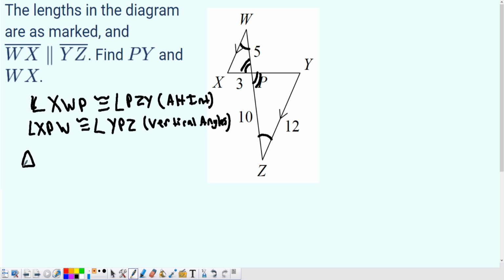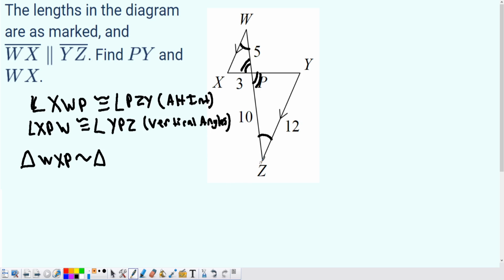So now I know the triangle WXP is similar to the triangle, well, let's see, WXP goes from the marked angle once to the unmarked angle to the twice marked angle. So let's try to follow the same order.